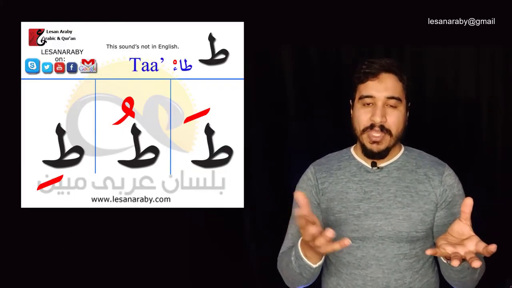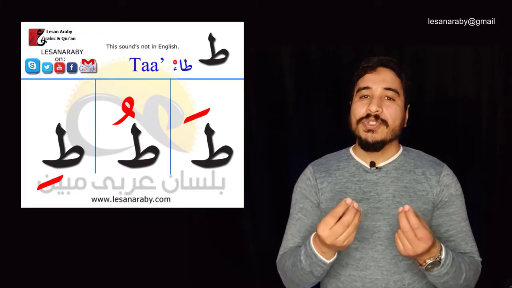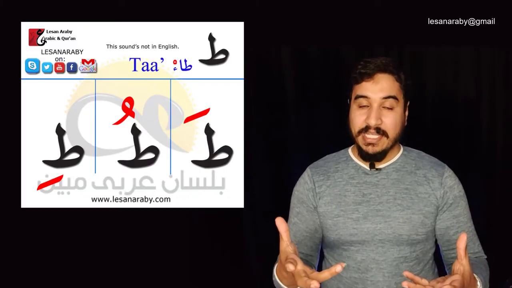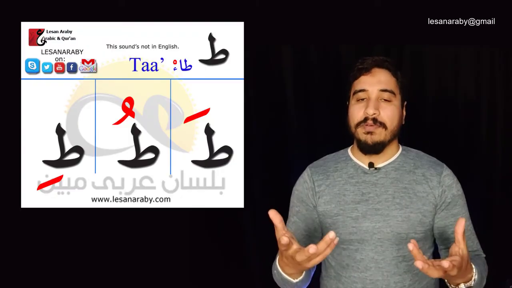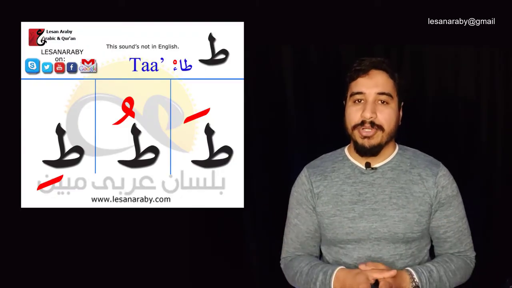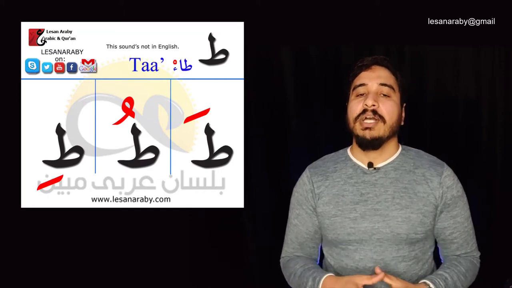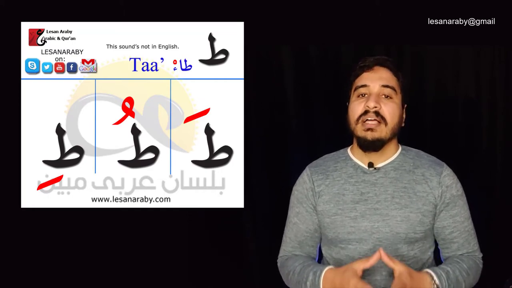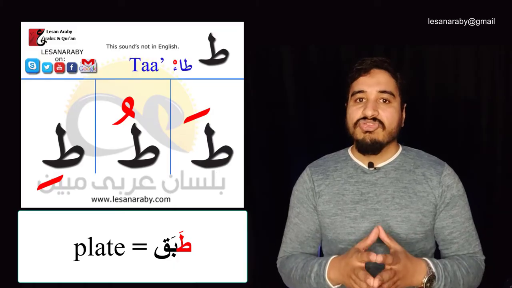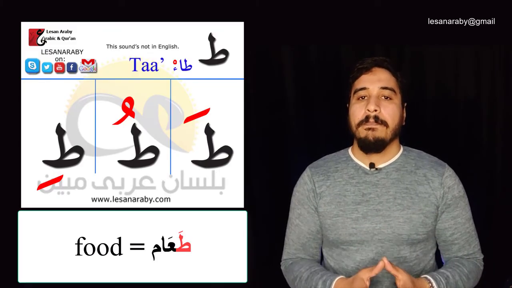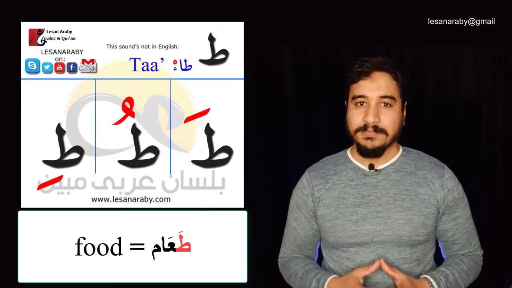The previous ones are soft, but this one is powerful and big, a little bit bigger and more powerful and hard to pronounce. Anyway, the sound is ta. And you can find it in the word طبق and the word طعام.